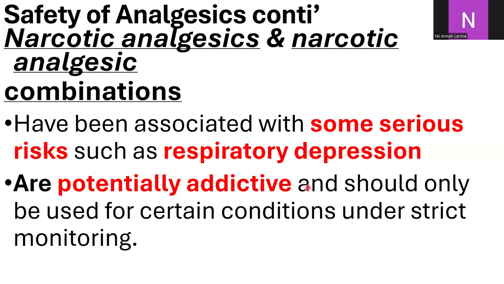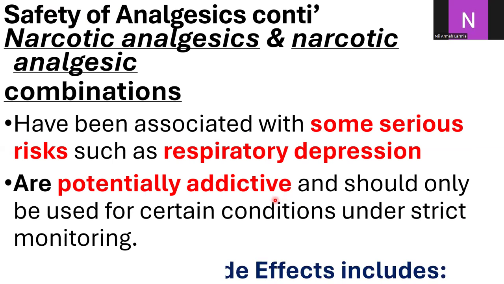They also have the potential of being addictive. So they should not be used usually for long terms, so that we can prevent the addiction. Their use, on the other hand, can result in tolerance, where a patient will need an increased dose to be able to get the effect that we are looking for. All right.